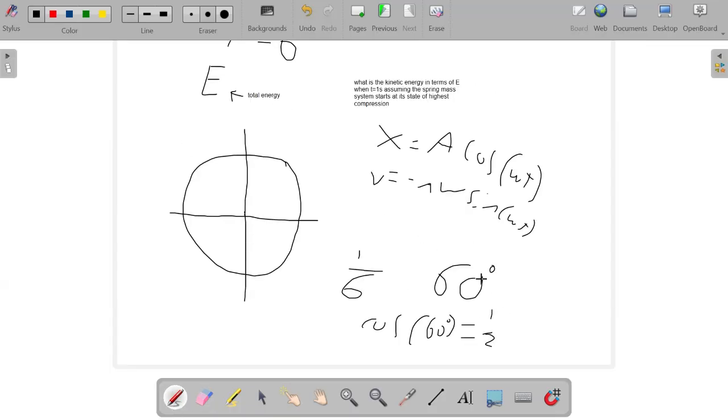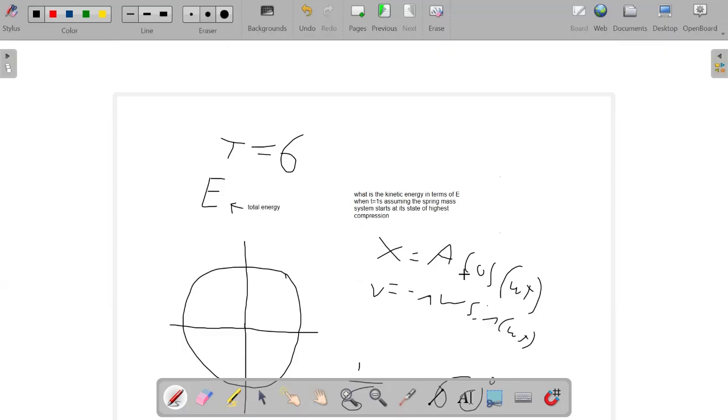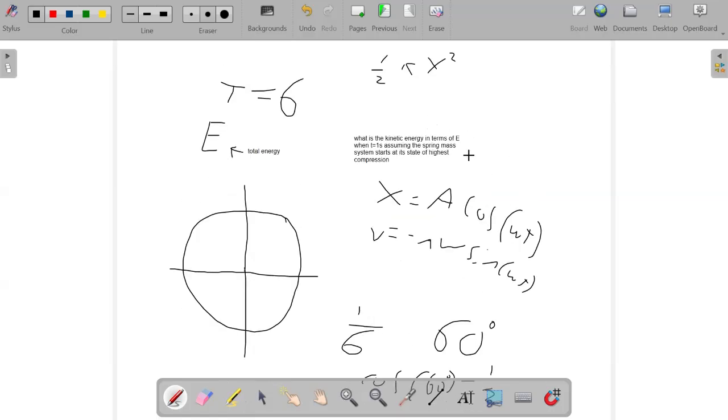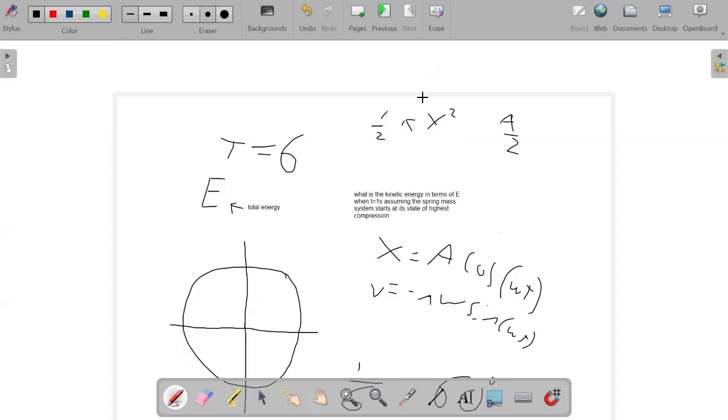So that means its position is currently halfway through the position, and something that we know is that spring energy is 1/2 kx squared, where x is the position. So we're halfway through the total position. That means this x can be swapped with a over 2, where a is the max.